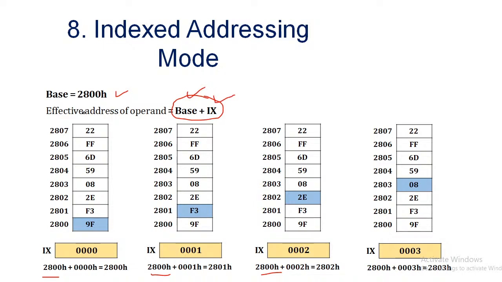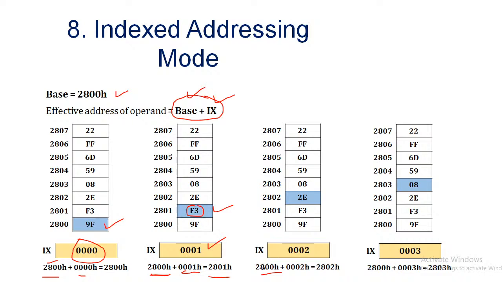So the base value is 2800, and here the index value is 0000, so you add it. Now the IX value is 0001, so 2800 will be added with 0001. You will get the effective address as 2801, so this operand will be fetched.